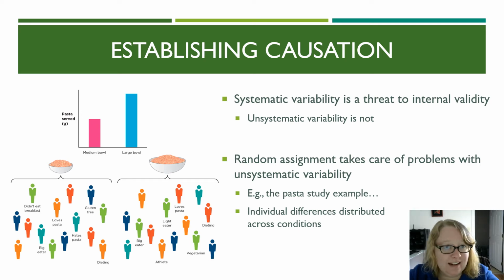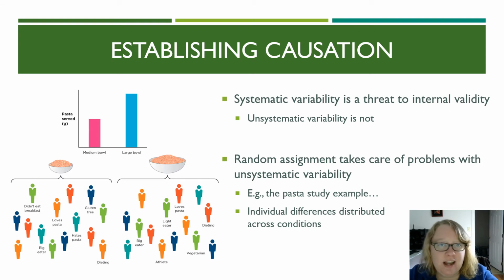That's systematic variability. So this term, systematic variability, right? Variability we expect, variability in the DV, in this case, variability in pasta serving. We expect variability. Not everyone's going to take exactly the same amount, no matter what. But if people are self-selecting a bowl size, then their personal characteristics, like whether they like pasta or whether they're hungry or not, that creates systematic variability.